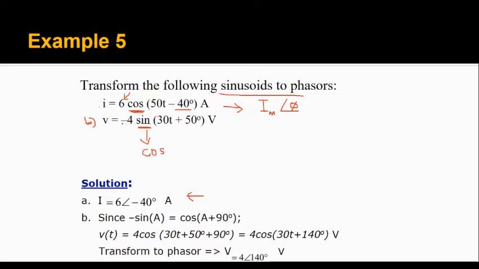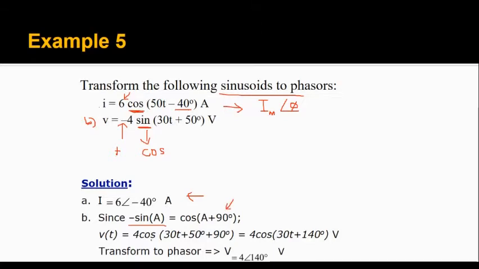Normally we only have a positive magnitude for the cos function, so you need to change this into positive. We do this using the trigonometric identity where, if you have minus sine A, it can be changed into cos by adding 90 degrees.